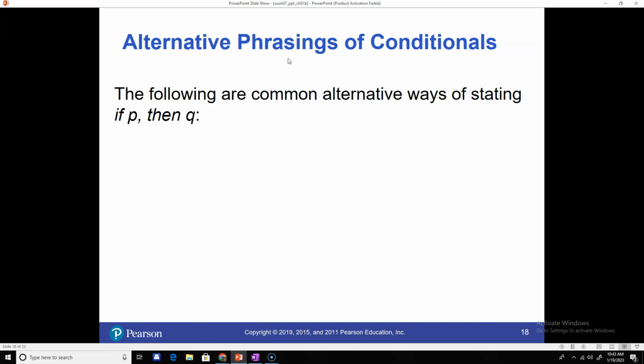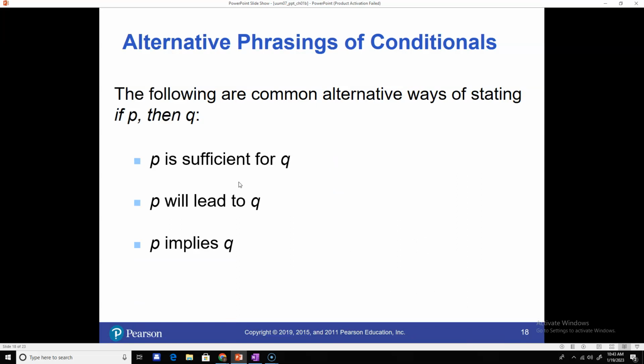If you forget, you can remember that these things are often said. The things on the left here are all if P then Q type statements: P is sufficient for Q, P leads to Q, P implies Q. I'll say P implies Q a lot. I'll try to stay away from the sufficient and necessary terminology because I think it's probably a little confusing, but that is used as well.